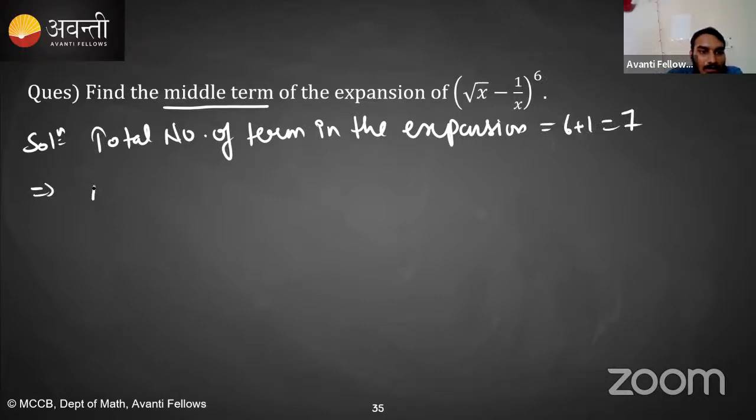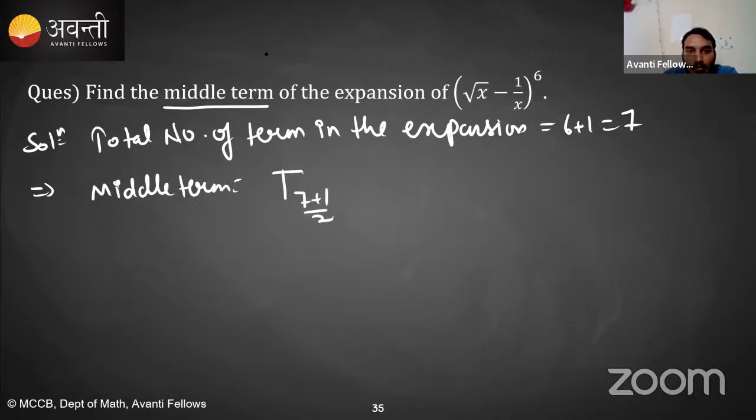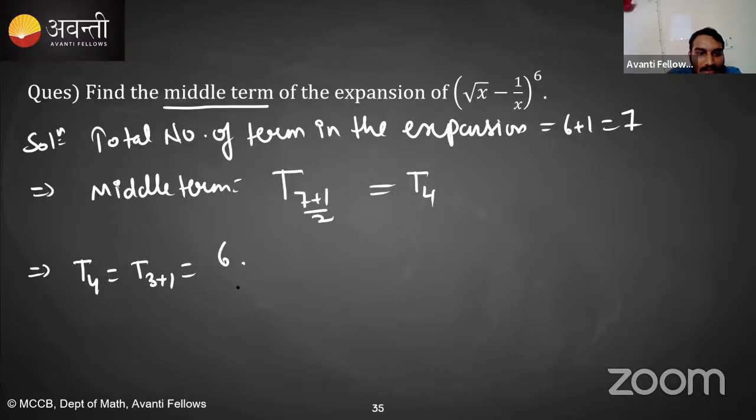So the middle term would be T of (7 plus 1) by 2. Very good, everybody. So the middle term would be T4. Clear? T4 can be written as T3 plus 1, which is 6C3 times root x raised to the power 6 minus 3, into minus 1 by x raised to the power 3.